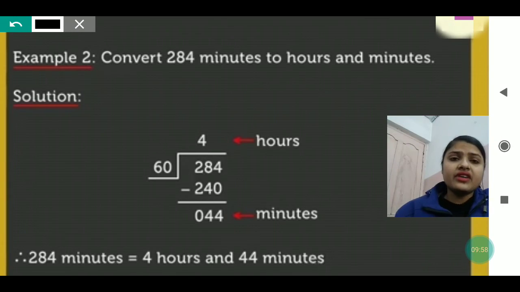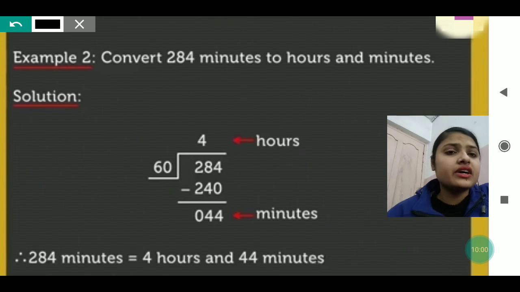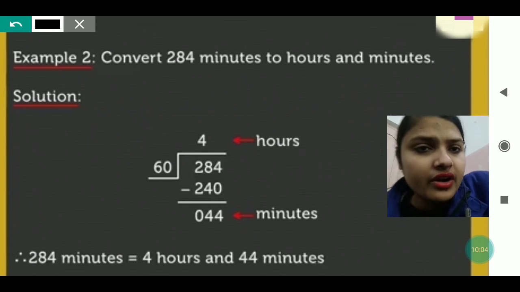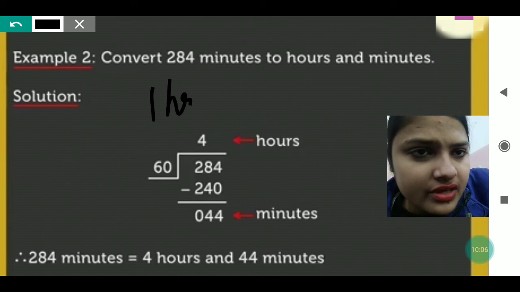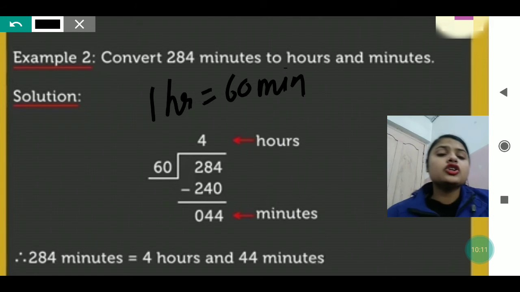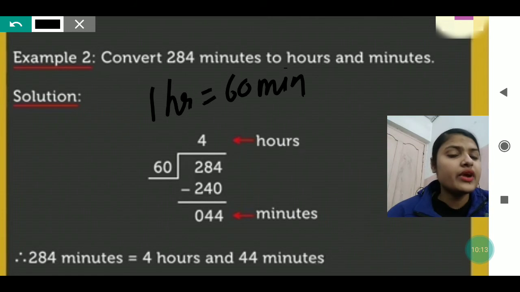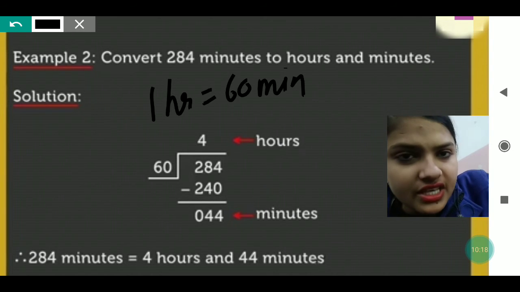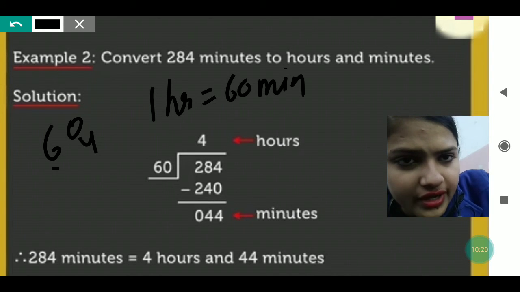In the same way, I have done this question also. It is written: convert 284 minutes to hours and minutes both. We already know that 1 hour is equal to 60 minutes. So you have to divide 284 by 60. When you read the table of 60, 4 times, you will get 240.